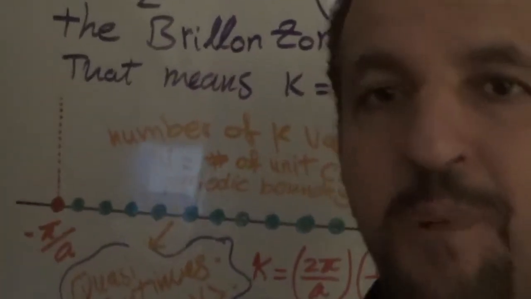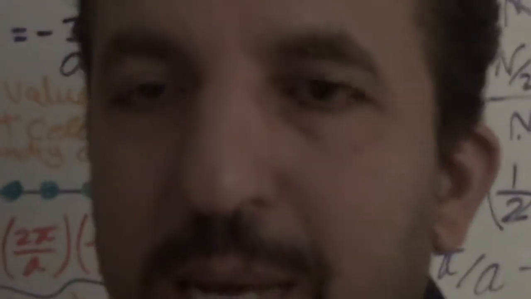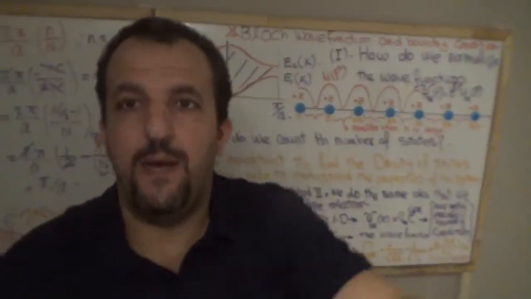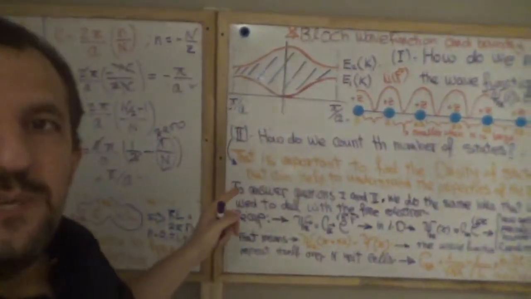Now, guys, we understand how to study a Bloch wave function and apply the boundary conditions, which is very, very important. The only thing that we need to study now is what we have right here, guys, again. So let's come to the light again. This is actually what we need to study.